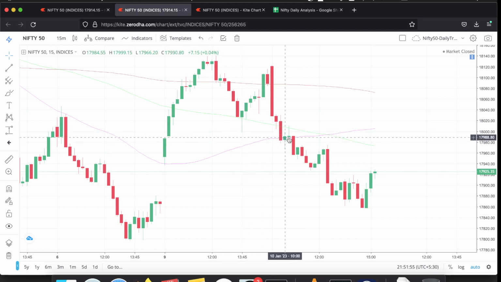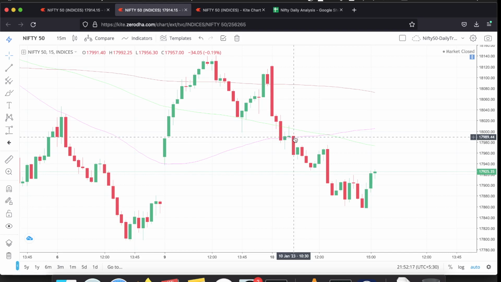That support played out today in about 1 hour time span, starting right from 10 o'clock to almost up to 10:45. Nifty played around the 18,000 support level. So eventually the bulls gave up and bears pushed the price down.